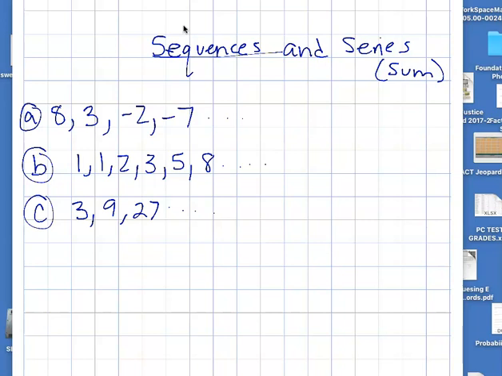If we look at these, with the first one you might say, oh, I see a pattern here. I'm subtracting 5 each time. If you are subtracting or adding, it has a common difference, and our common difference is -5. We call this one arithmetic.